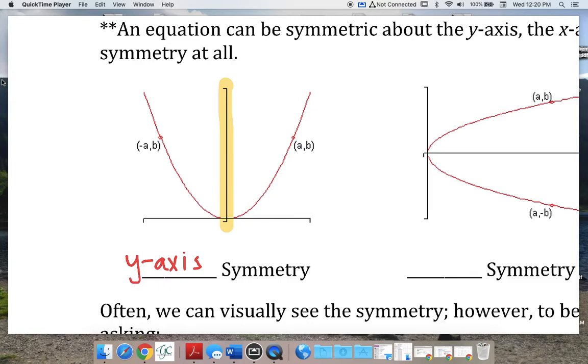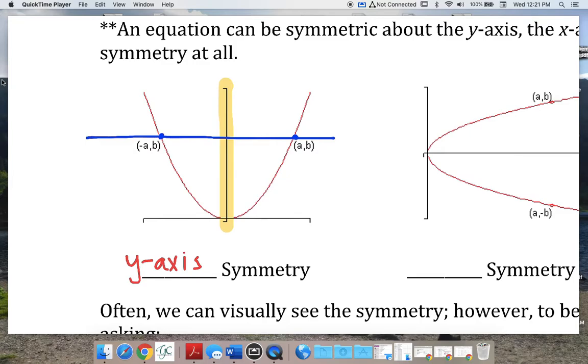Because we are reflecting across the y-axis, the y value is staying the same for both of those points. So they have the same b value in those ordered pairs. The only thing that's changing is the sign of the x value. So in this case, that a is positive to the right of the y-axis, and it's negative to the left.